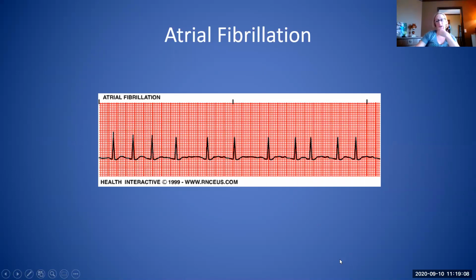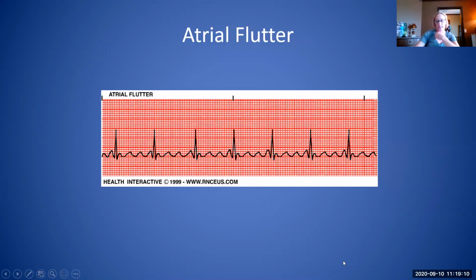All right, atrial flutter. I'm going to treat it the same way as AFib. The only difference with AFib is that flutter is coming from one foci. With atrial fibrillation, it's coming from multiple foci at a rate of 400 to 600. Atrial flutter is coming from one foci, usually at a slower rate of like 200 to 300.